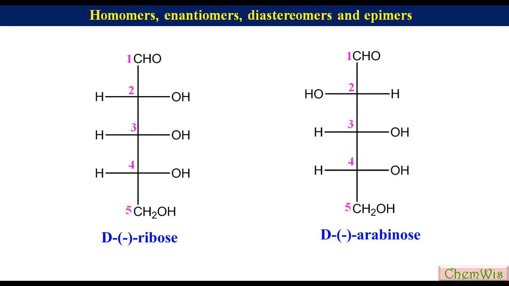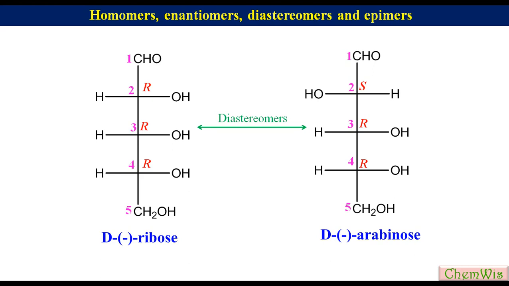You can also find the relation by determining absolute configuration. The absolute configurations at C2, C3 and C4 of D-ribose are R, R and R, and that of D-arabinose are S, R and R. Thus, D-arabinose and D-ribose, with the same configuration at C3 and C4 and different configuration only at C2, are diastereomers.